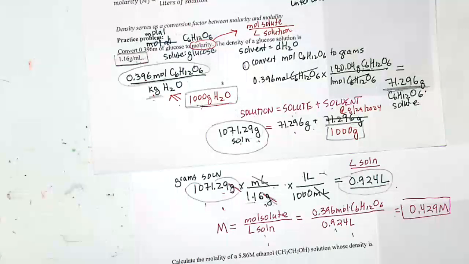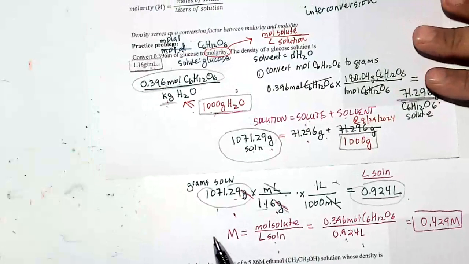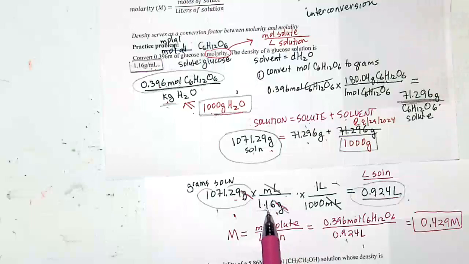Because for the density, it's mass over volume. But you can get volume from the density. That's what you're doing in this equation.